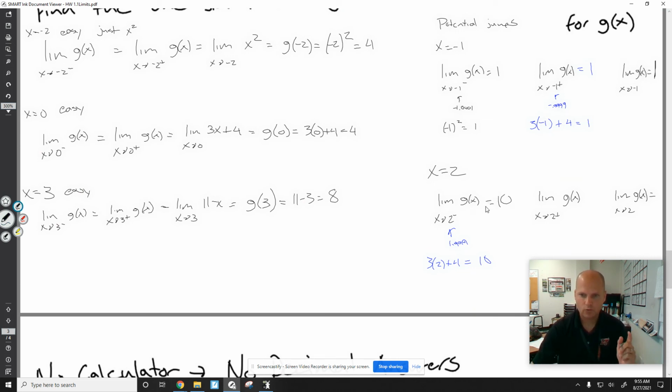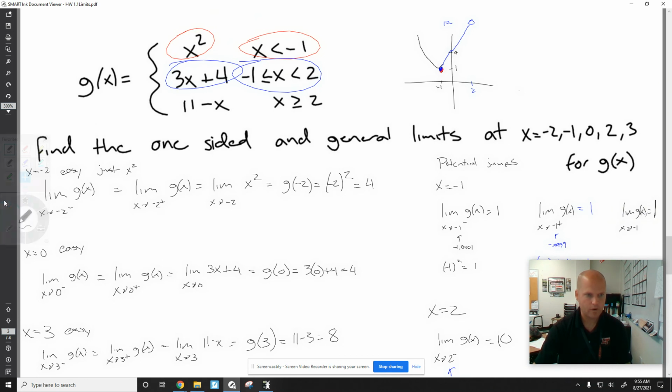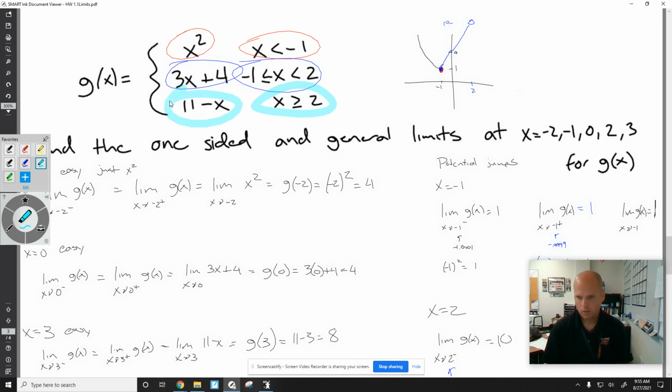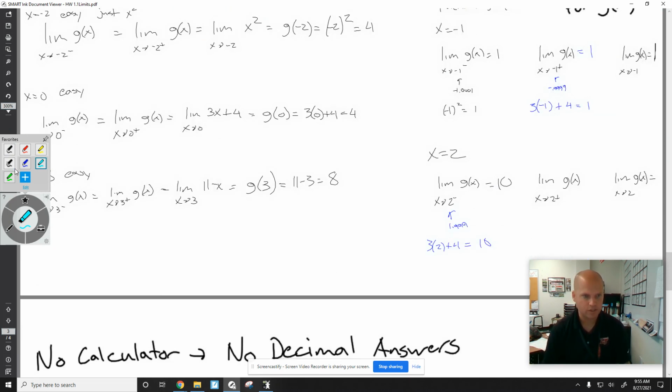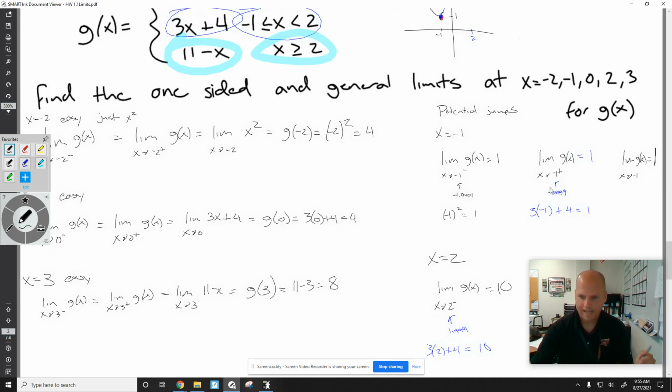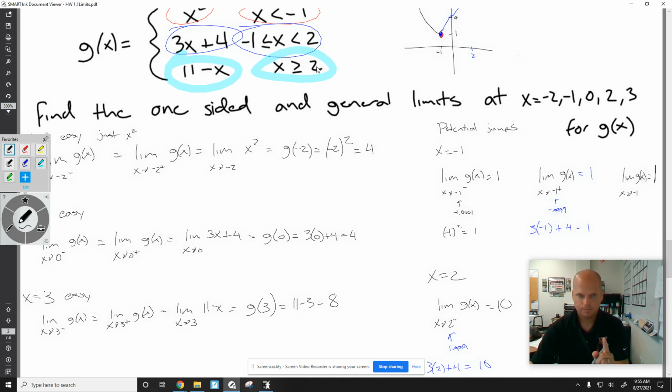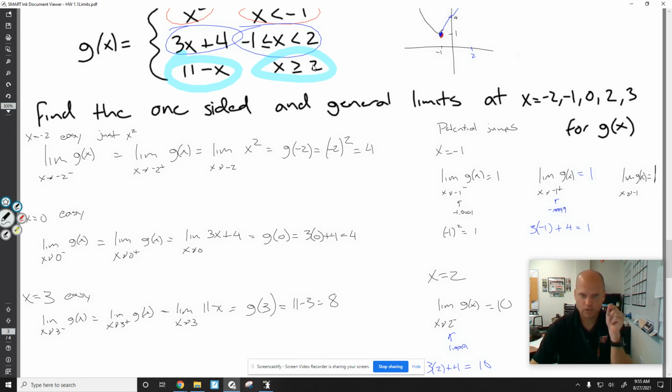Now, if I looked at 2 from the right, we'd be using this piece. If I plugged in 2.001, that's a value that's bigger than 2. Now, if I plug in 2.001 into 11 minus x, I'm going to get something close to 9.